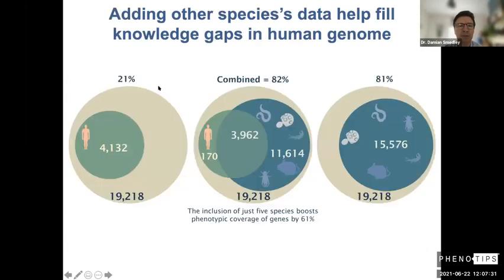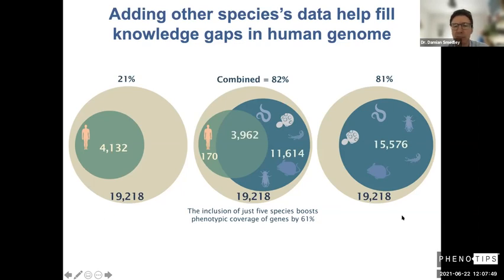And the reason we use model organisms rather than just human data is because for humans, we know what the phenotypic consequence is when a single gene is knocked out or mutated for some 4,000 genes. And this comes from what we know about Mendelian disease from OMIM and ORPHANET.